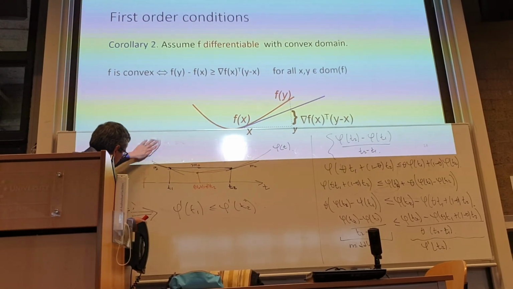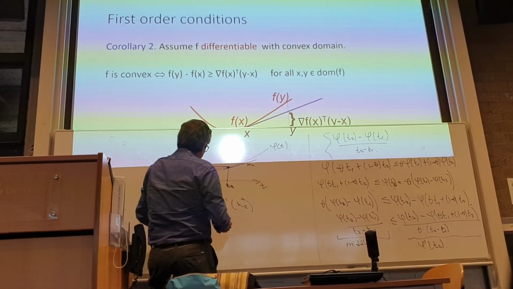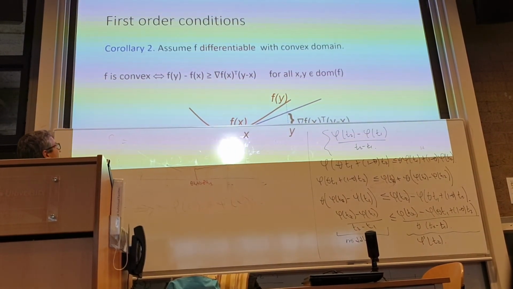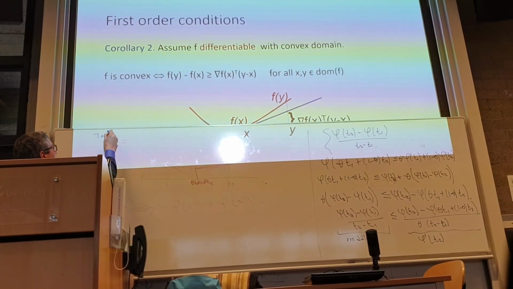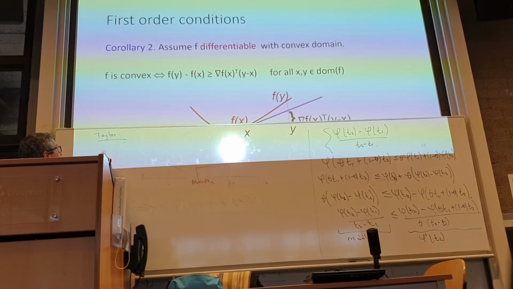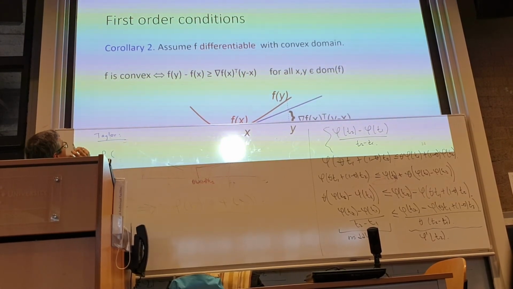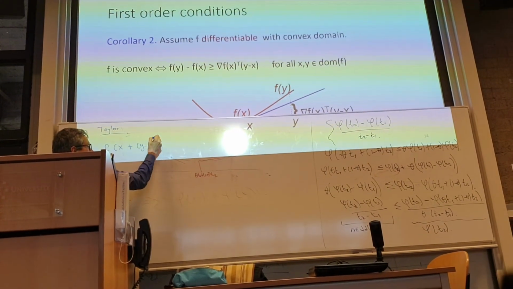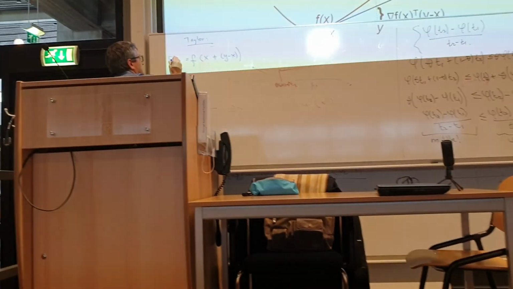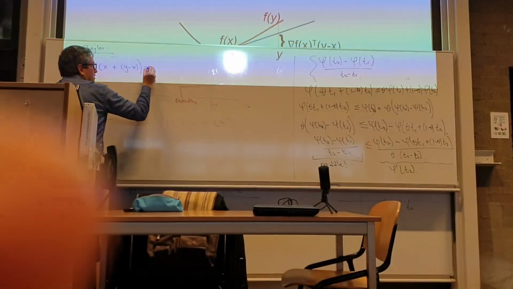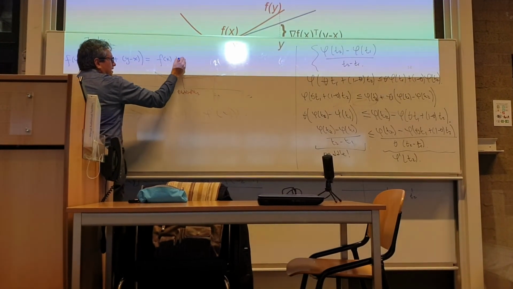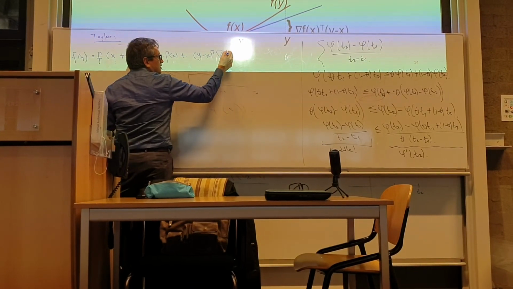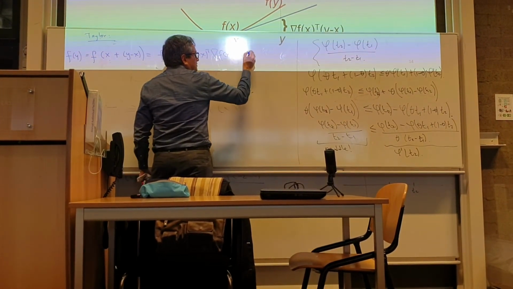Taylor says we know that f of x, or let me write it this way, f of x plus y minus x. So f of y is going to be equal to f of x plus this term here, y minus x transpose the gradient of f at x, plus some error.